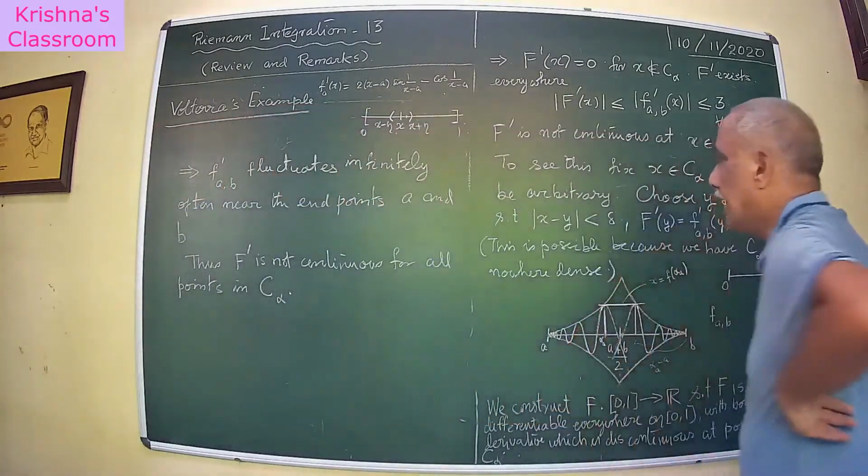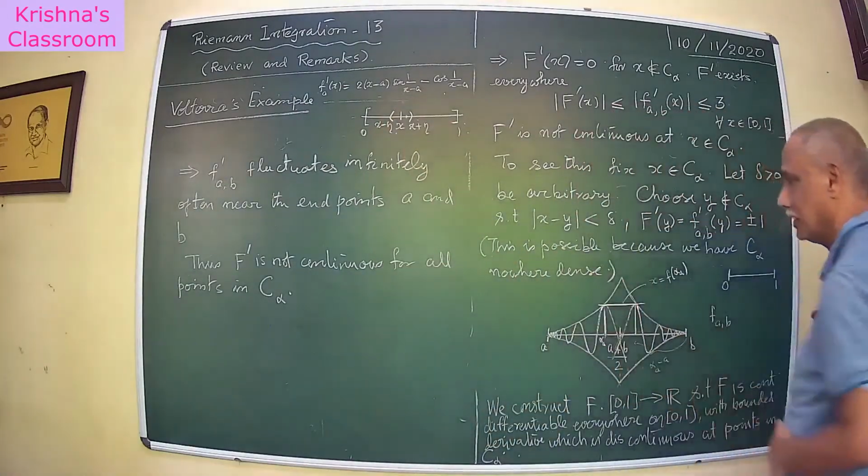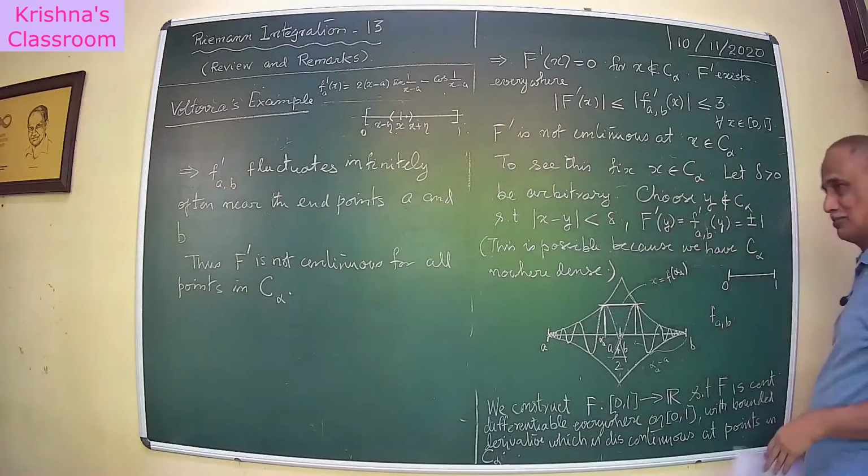See, whenever C alpha is an endpoint, there is no problem. This is obvious. But otherwise, we need a proof.